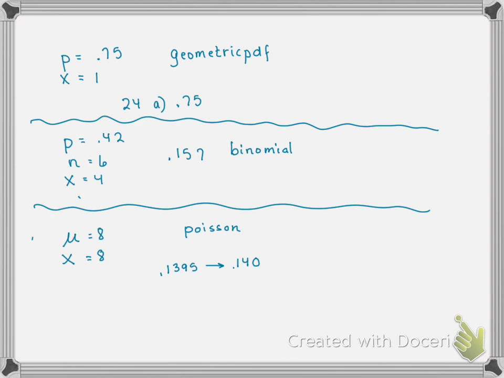Like you'll read number 11 and you'll say, oh, my n value is whatever. My x value is whatever. My p value is whatever. Choose, according to the given, what distribution you need. Identify that distribution and then give me the answer.